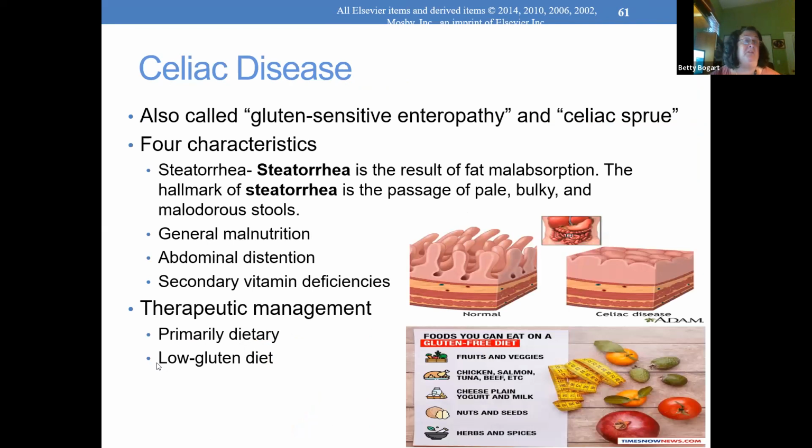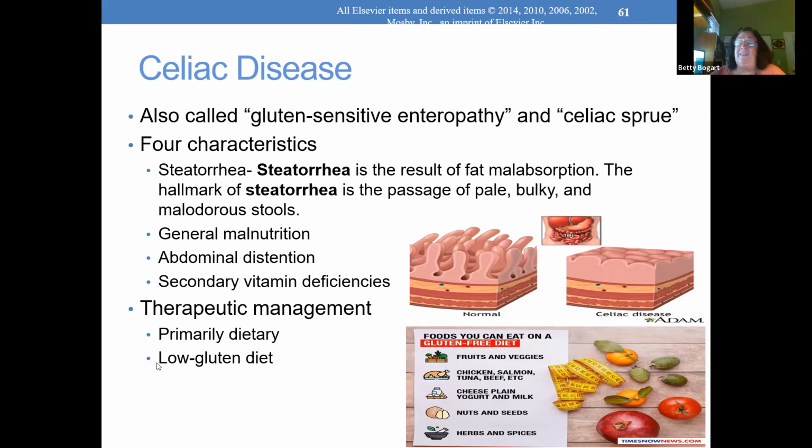Celiac disease, another condition of the small bowel, and it has to do with gluten. Now, these children who become adults, wheat, rye, and barley, they can't have it. So basically bread, right? So bread and bread type stuff they can't have.